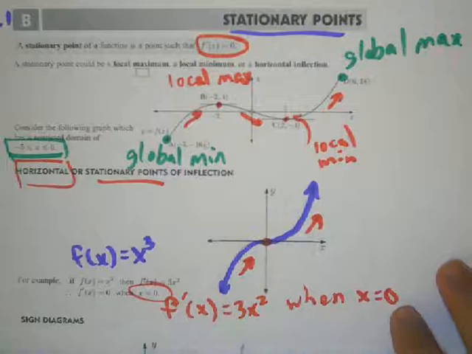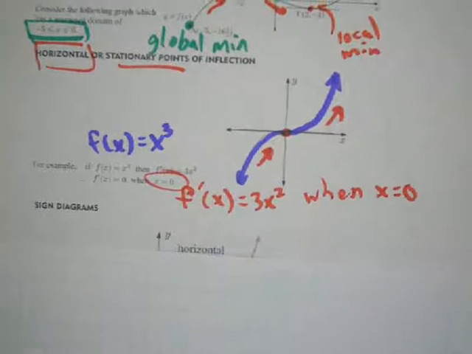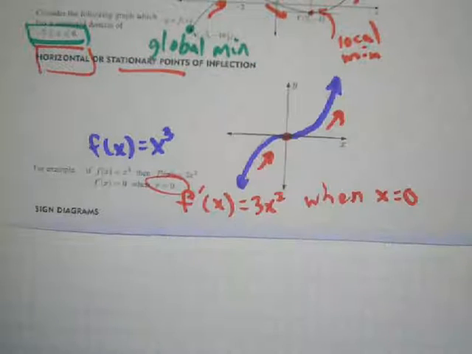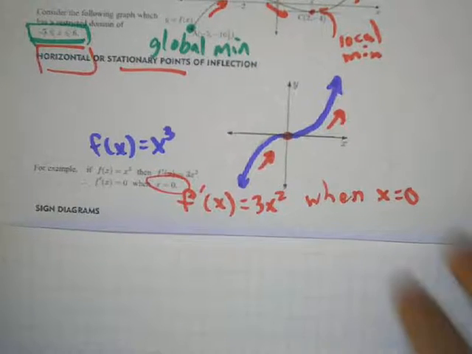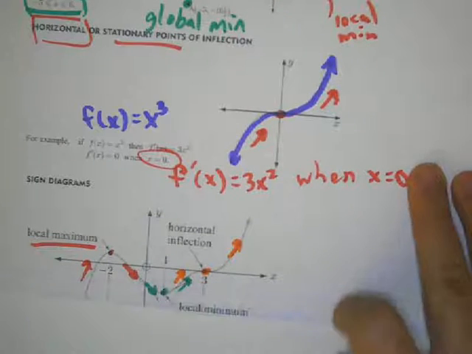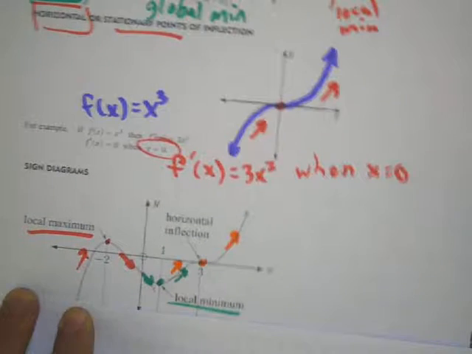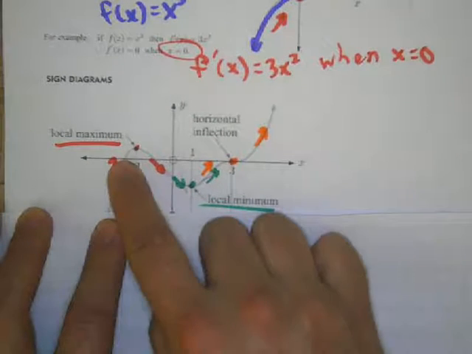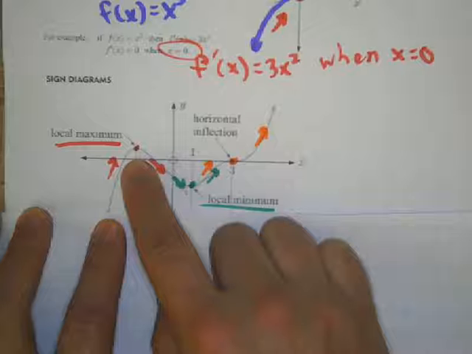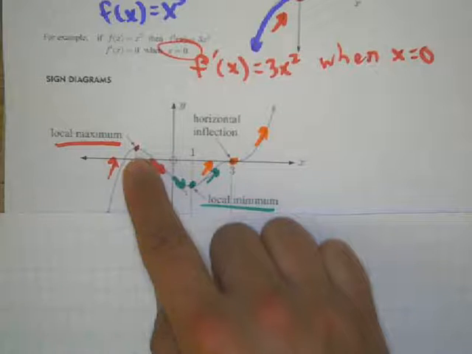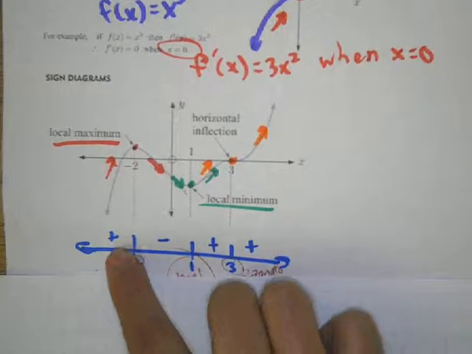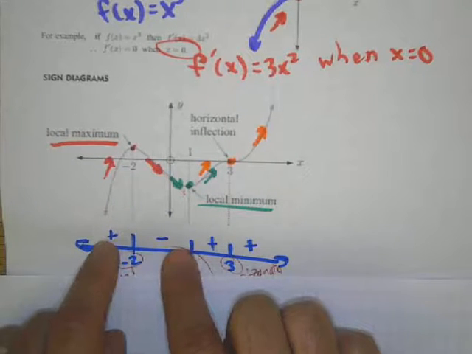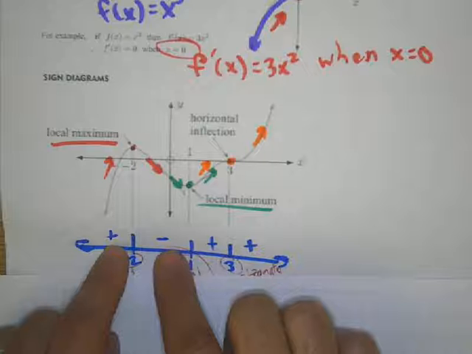Okay, so now we're going to talk about how sign diagrams are useful when we're talking about local maximums, mins, and stationary points. So if I've got this situation where the slope is going up, then the slope is going down, we've got a local maximum there. In the sign diagram, I would put plus and then minus, indicating the value of the derivative.